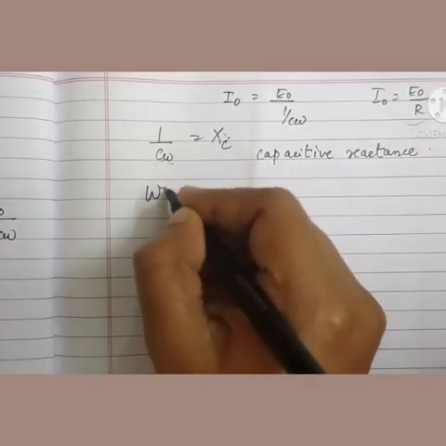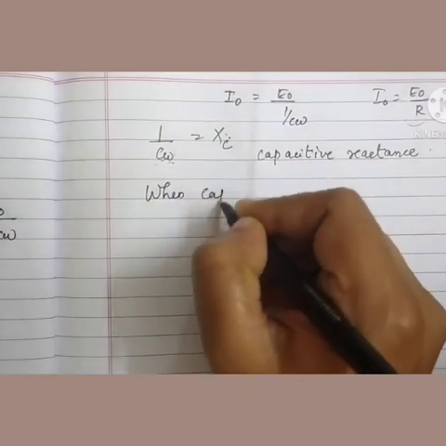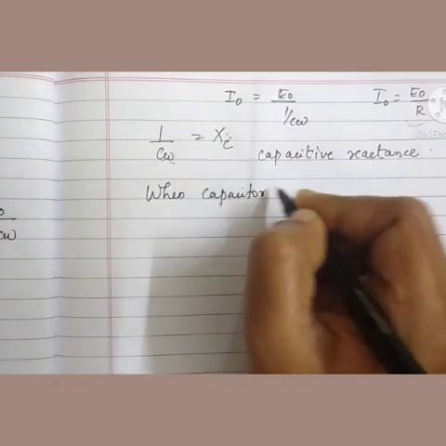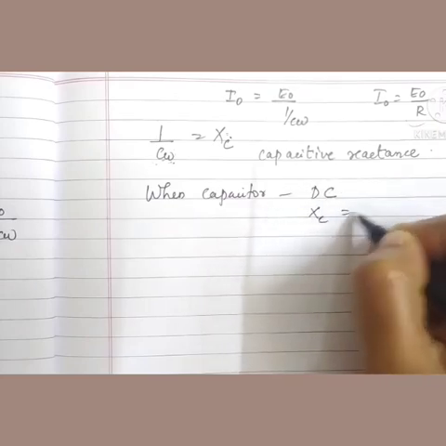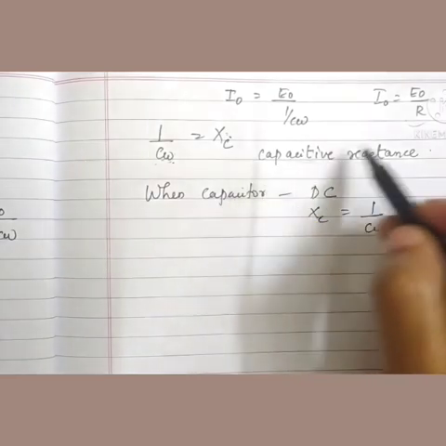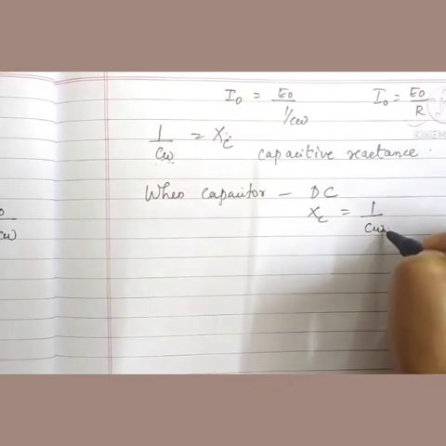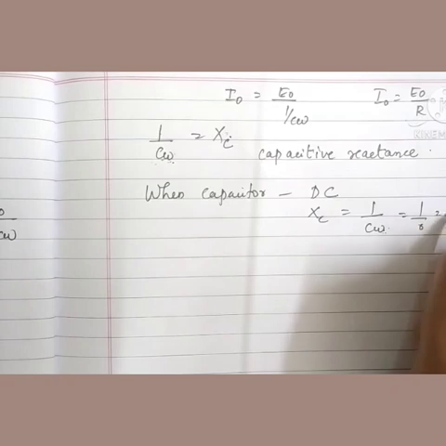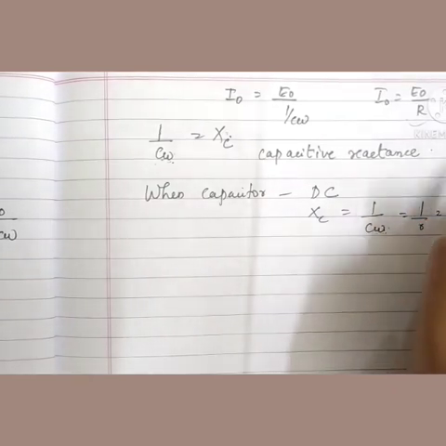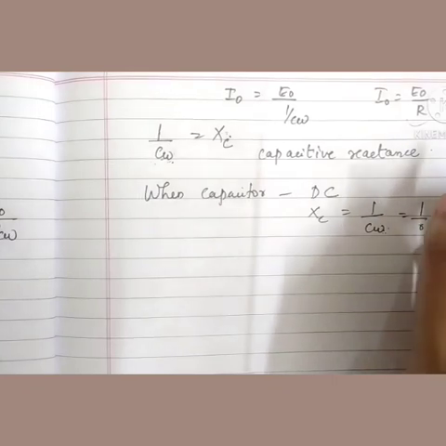So when a capacitor is connected to a DC source, Xc is equal to 1 by C omega, and for DC this frequency is 0, so 1 by 0, which means infinity. Xc is infinity, which means that a capacitor blocks DC.